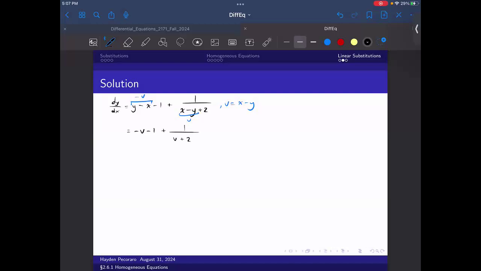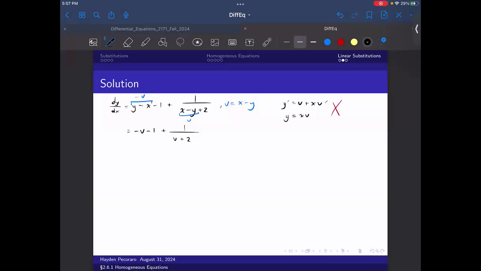What about dy/dx? Oh no, this came from, yeah, this formula was specific to that substitution for homogeneous equations. So this one does not work for this case. No, I understand how you can make that mistake.